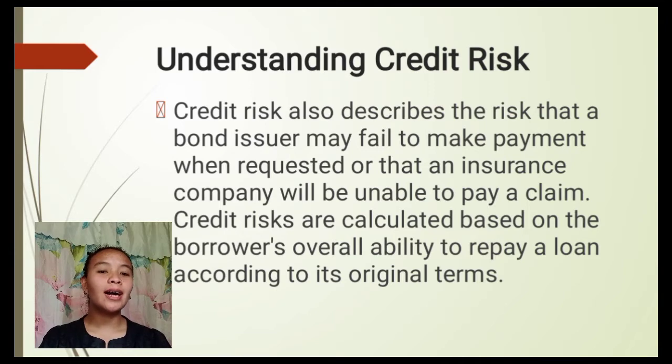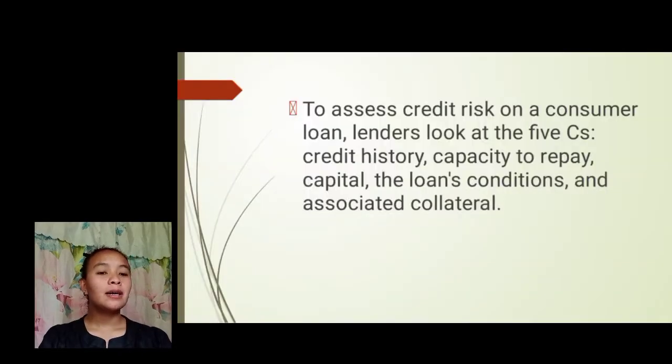Credit risks are calculated based on the borrower's overall ability to repay a loan according to its original terms. To assess credit risk on a consumer loan, lenders look at the 5 C's. These are the credit history, capacity to repay, capital, the loan's conditions, and associated collateral.